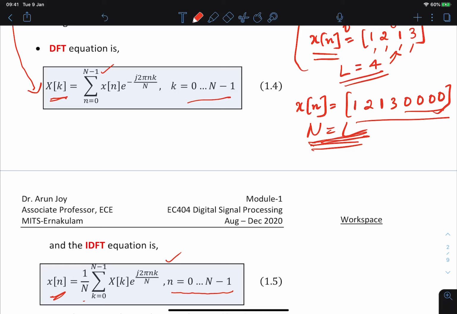Even though the actual signal length is 4 in this case, or L in general, we find 0 to N minus 1 because we have calculated the signal for a length of N because of zero padding. So this is the expression for the inverse discrete Fourier transform, while this is the expression for the discrete Fourier transform.